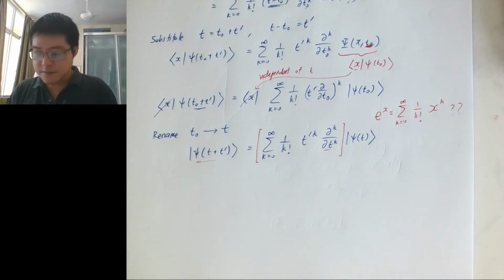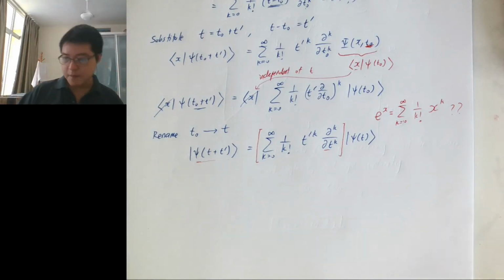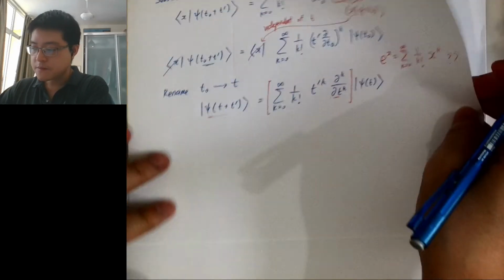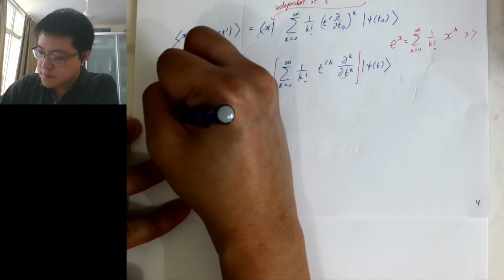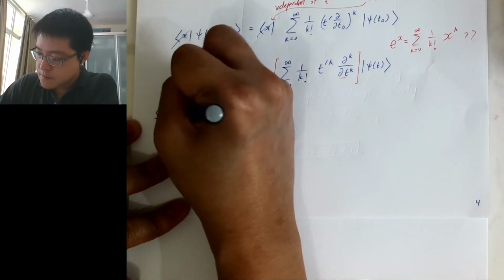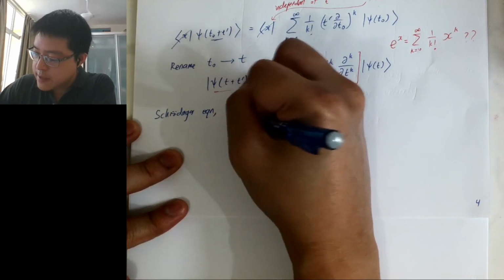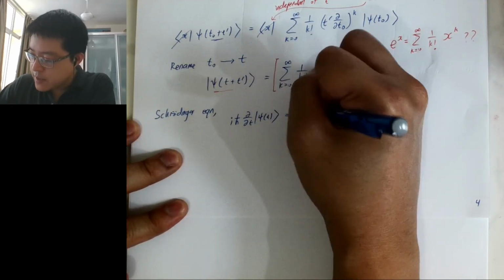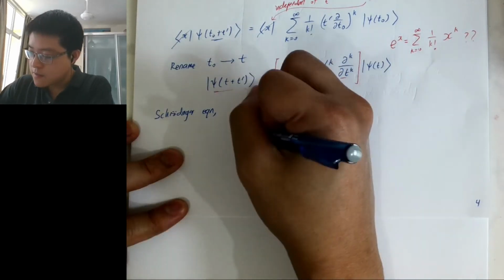And we know how to handle this. Okay, because this is the Schrodinger equation. So if you recall the Schrodinger equation, what our Schrodinger equation says: i h bar d dt psi of t is the Hamiltonian acting on this. So let me just make it more clear.